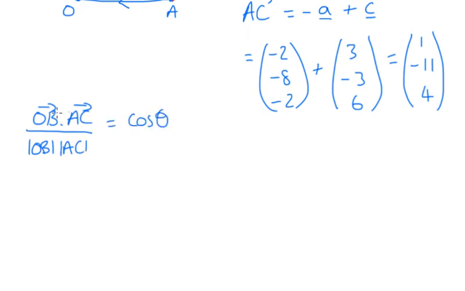So if we can work out these 3 things, O to B dot A to C, and the 2 magnitudes, and inverse cos it, we'll get the angle that we need. So that's what I'm going to do first. I'm going to find the dot product first.